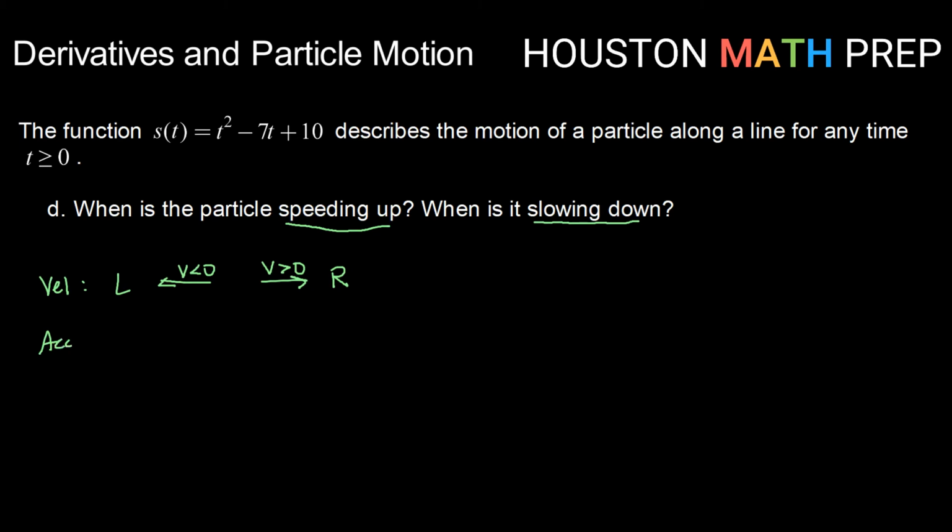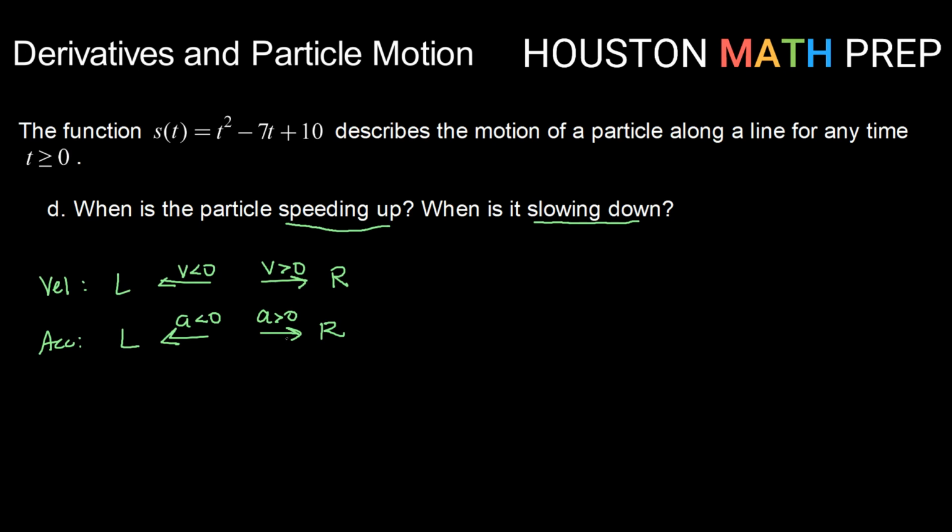Well, acceleration is change in velocity. So if we have positive acceleration, then we are moving more quickly in the right direction, so we are accelerating to the right. And if acceleration is negative, then we are accelerating in the left direction.